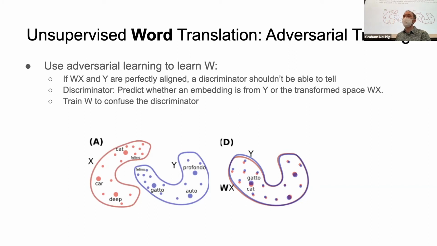Another was a paper where they only used numbers, because numbers tend to be written in Latin characters in many languages in the world. So you could use just that as supervision, and that would get you a long way too. So if you have a dictionary, that usually gives you better results, even a small one.